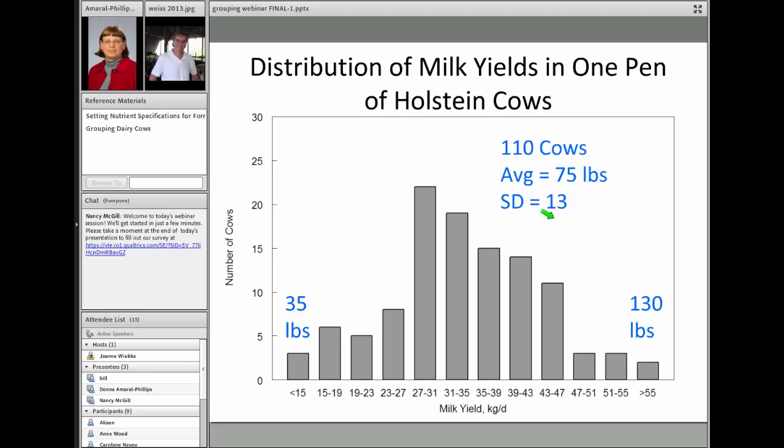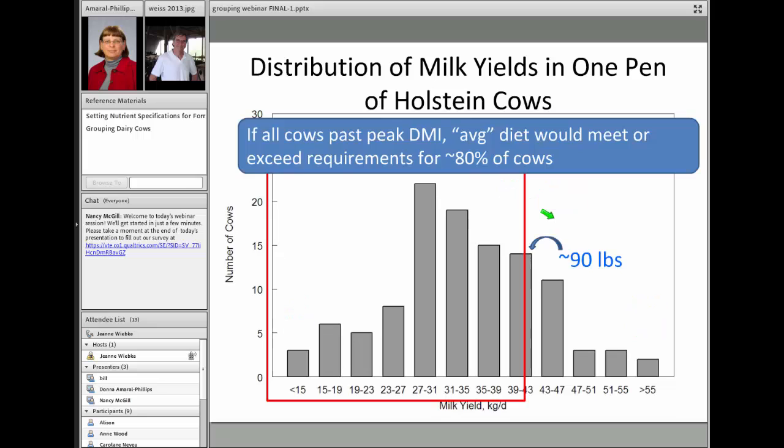So the question is, what do you formulate to? I just said you don't formulate to 75, but what do you? Well, if you formulated a diet based on pen average intake to support 75 pounds of milk, there will be cows in that pen that produce more than 75 pounds of milk.